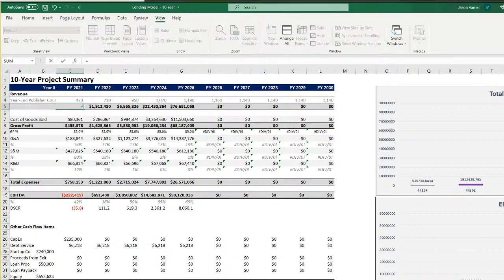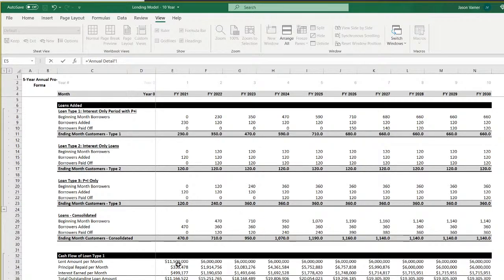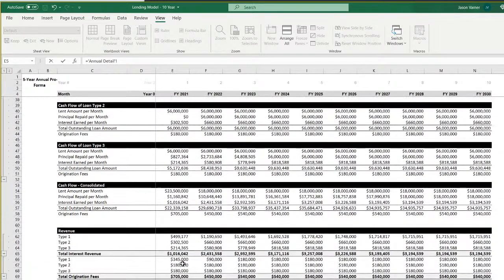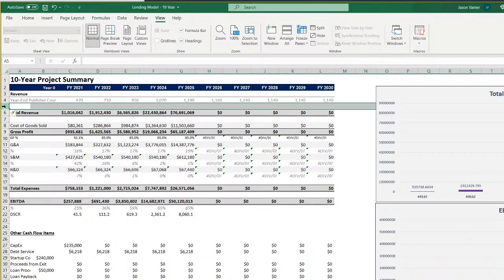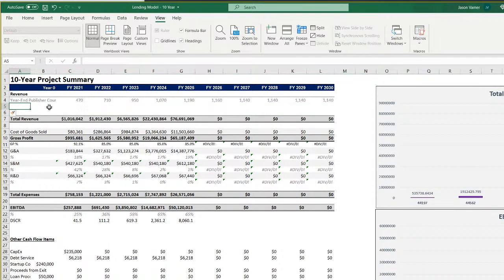All right, so total revenue, we're going to do interest versus origination fees. So let's come down here a little bit. I want to show interest revenue and origination fee revenue, and then sum up these.